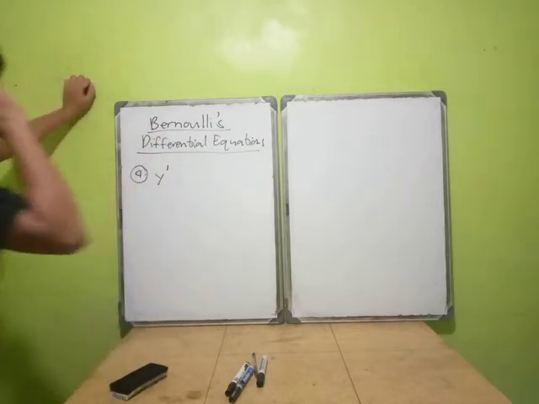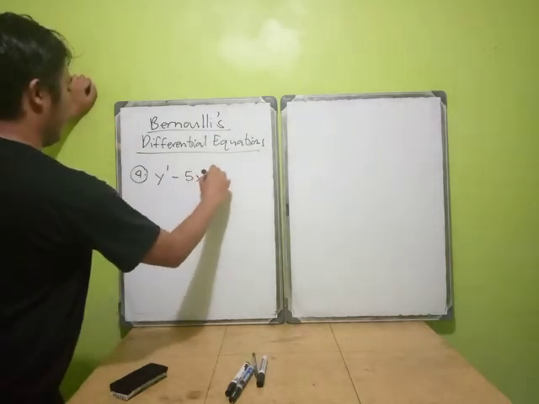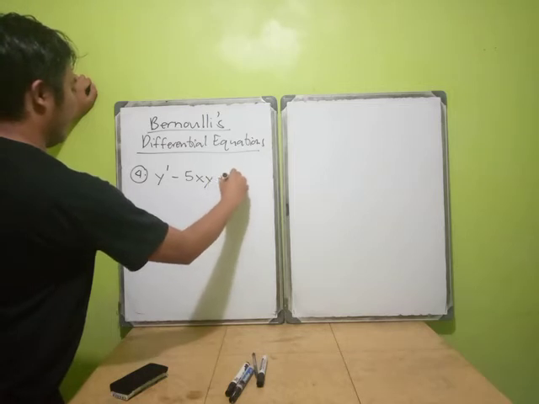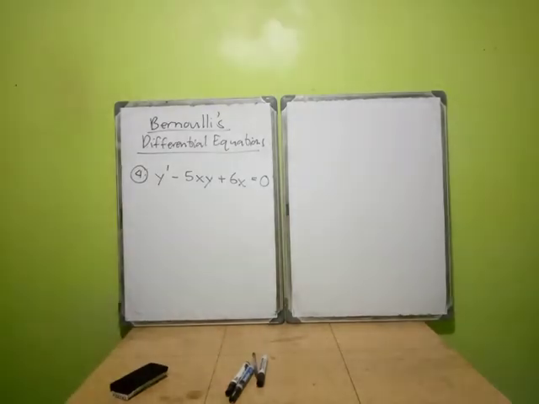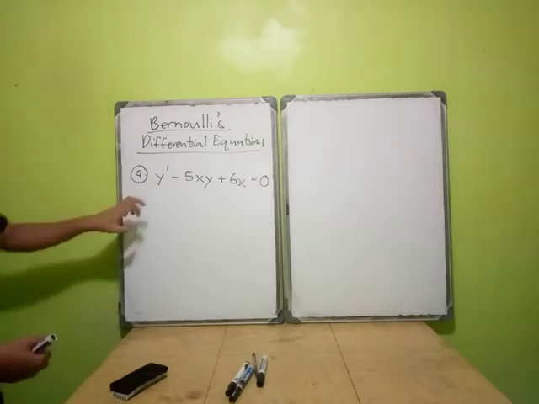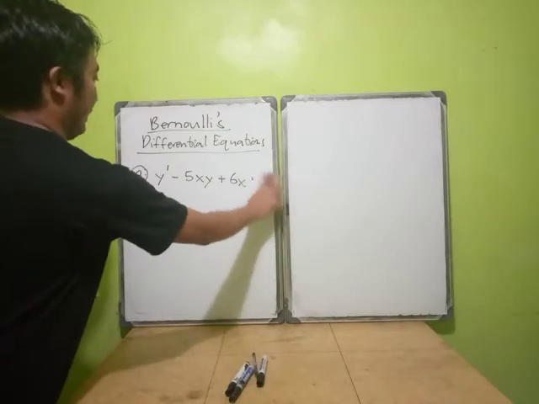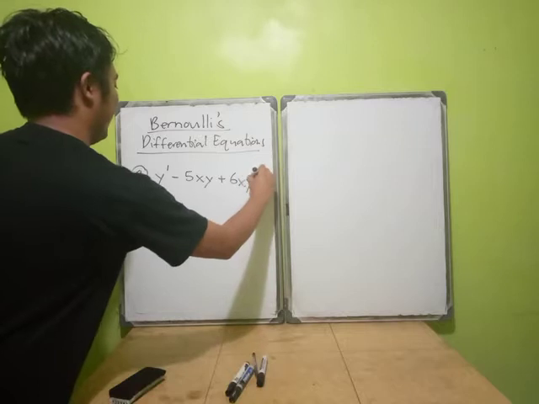So maybe this. Yan. Okay. So sa unang tingin, okay, so we can identify na, okay, so maybe ito na lang, hindi to Bernoulli, so ganyan.